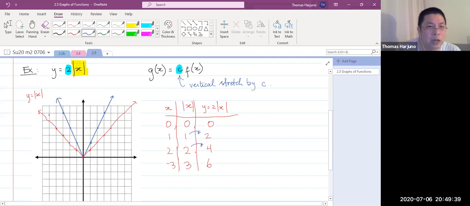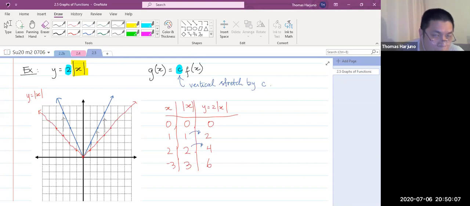So you imagine this red curve here, you stretch that vertically by doubling, because of this 2, whatever the y you have in red, you double it, then it becomes stretched to the blue color. Okay, that's what you mean by a vertical stretch. Of course, if you replace that 2 with, let's say, 1/2, then instead of stretching it taller, you make it shrink, becomes shorter. Okay, give me a second.